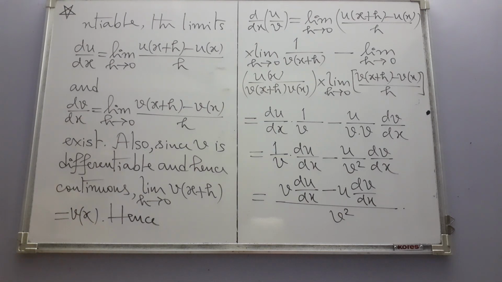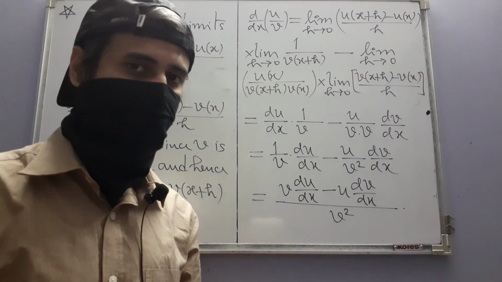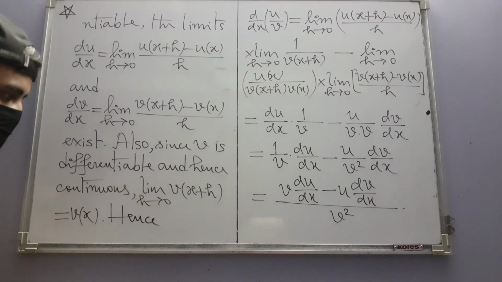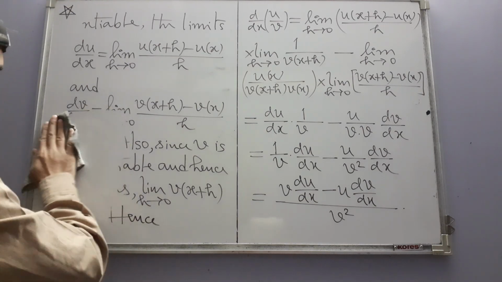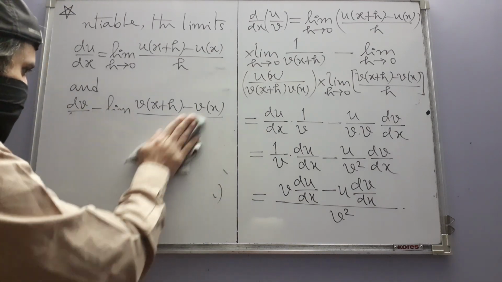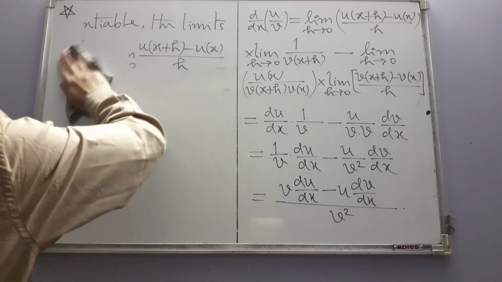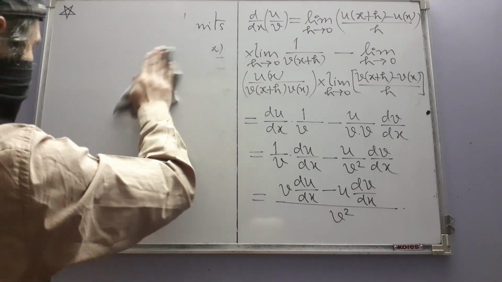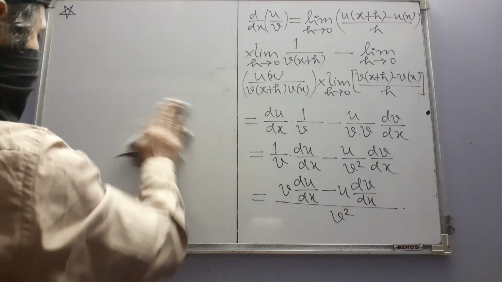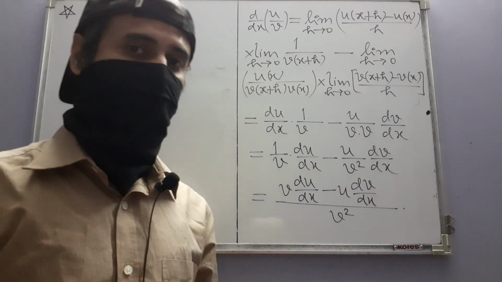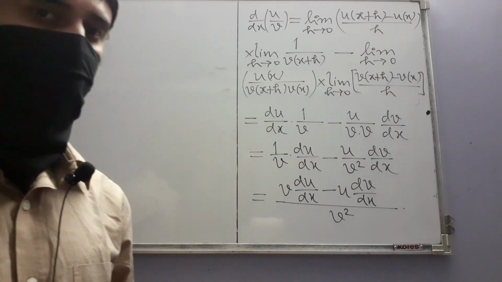Now let's also see how the quotient rule looks in the prime notation. So you see that these derivatives of products and quotients of differentiable functions need continuity of these functions also in their proofs.